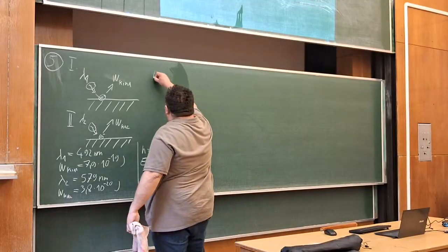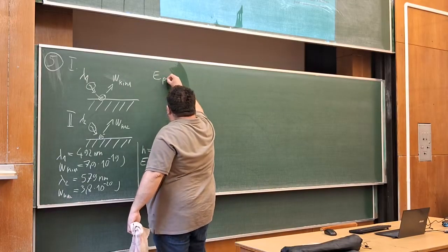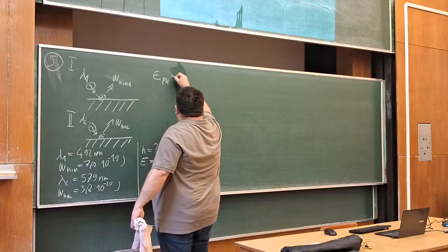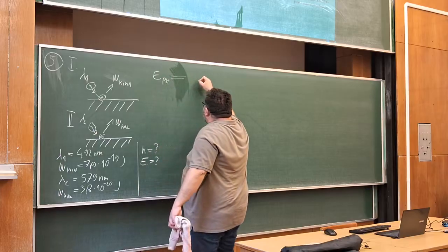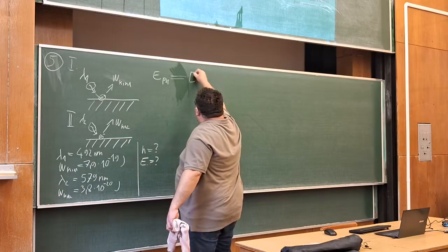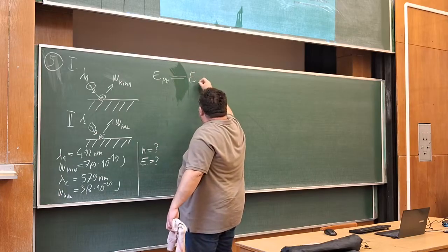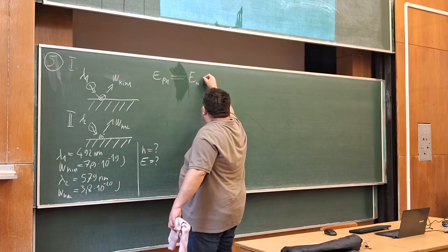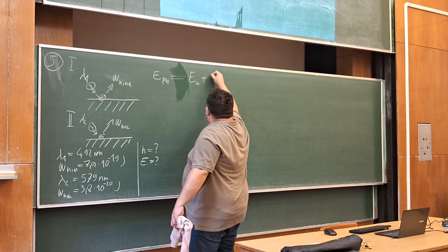So we have the energy of the photon, and this will be some threshold from the metal, and the kinetic energy.